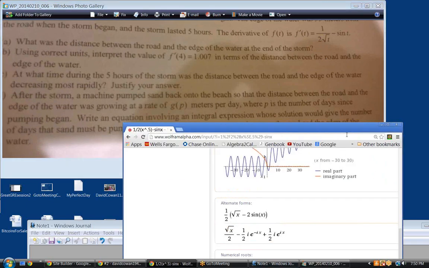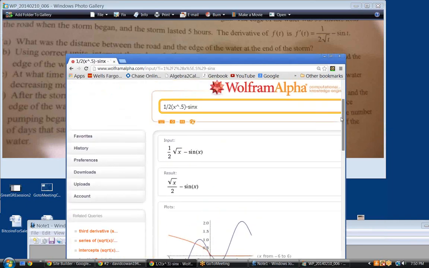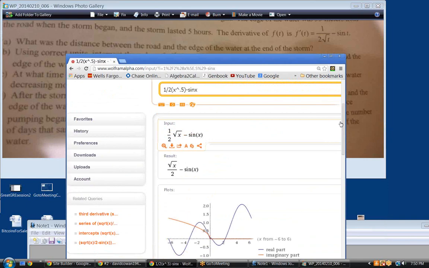Notice my function's wrong. Here I was bragging about how it gives you the feedback, and this is not the function that we're looking at there. It's 1 over 2 root x. Oh. Yeah, I need parentheses right here. That's why I got the wrong answer.